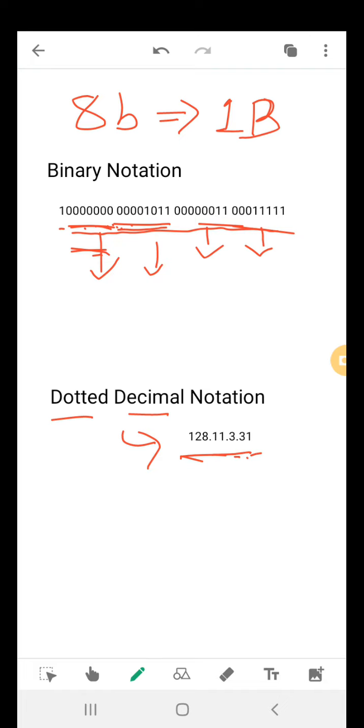binary notation. Okay. So let us say we have an IPv4 address in the binary notation. As I said, it is going to have 4 bytes. Let us say those 4 bytes are this one. Now let us convert this IPv4 address, which is in binary form, into the dotted decimal form.